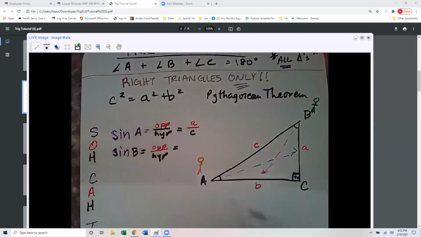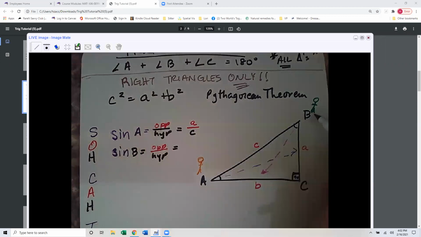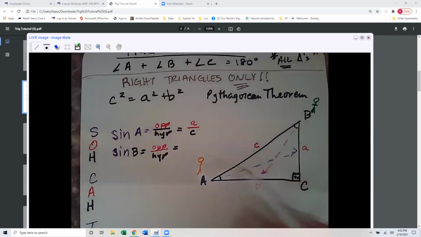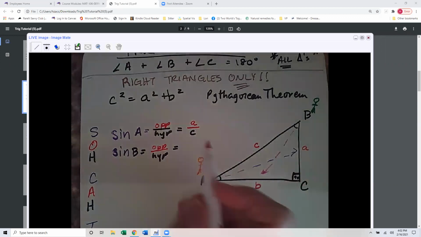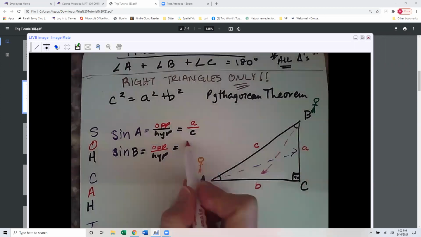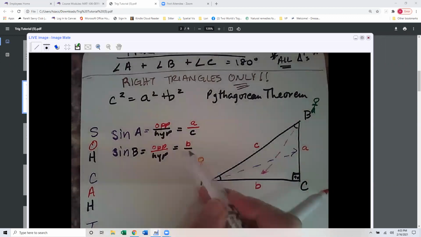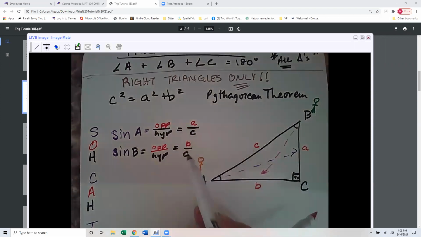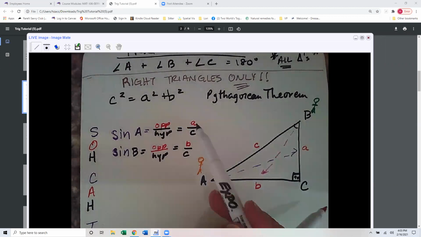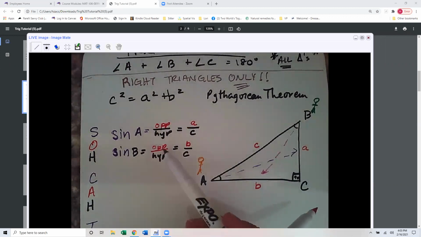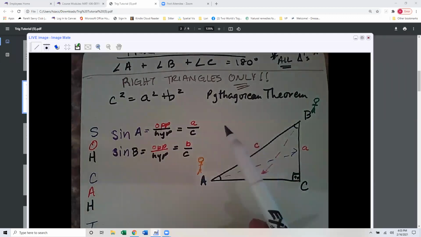Now I'm from B, so my opposite side is little b. So now I have little b over the hypotenuse, which does not move, and that's c. So we see the only difference between sine A and sine B is which side is opposite from the perspective of that angle. All right, so that's the sine function. Sine A, opposite over hypotenuse, is a over c. Sine B, opposite over hypotenuse, is b over c. And these are lengths, and the capital letters are angles.